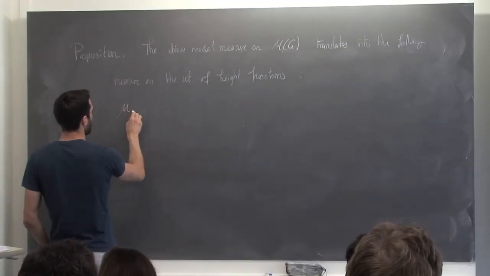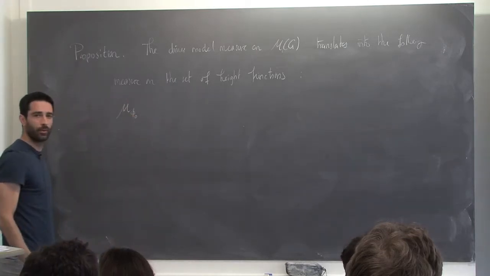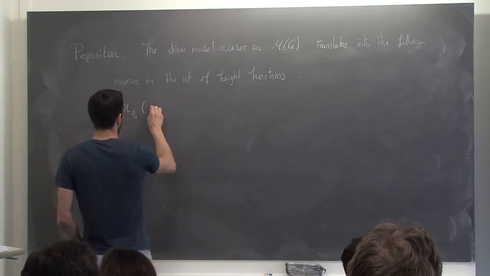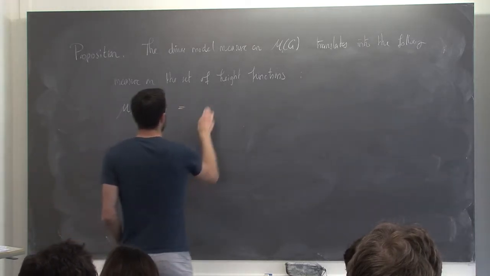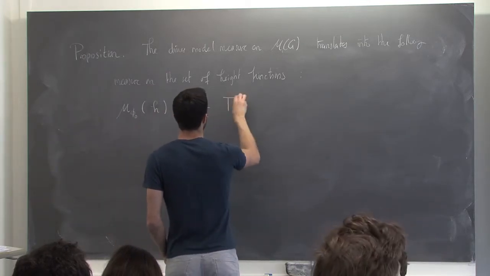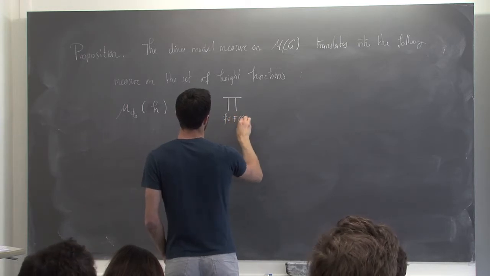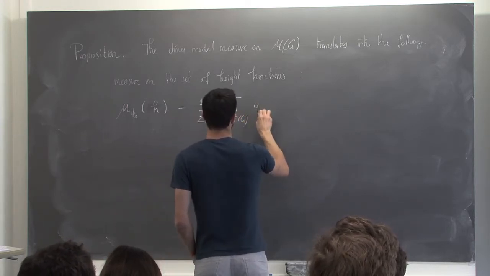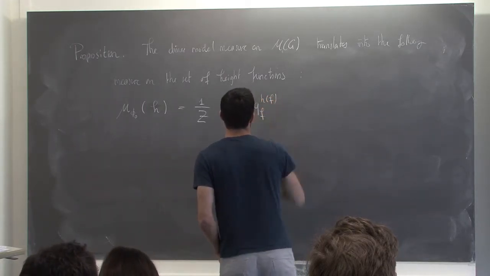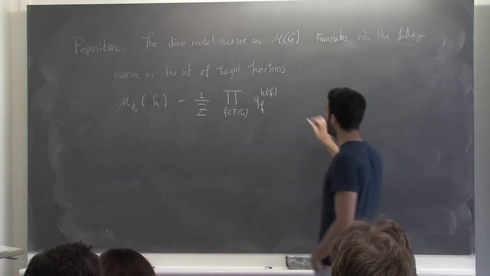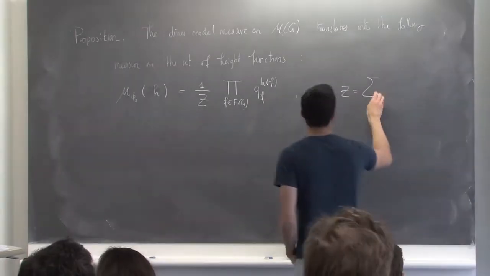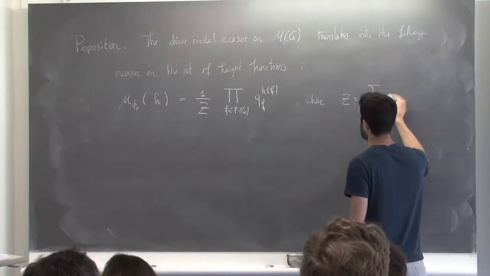So the measure, I will write phi 0 here because it really depends on this unit flow that I had fixed, of a height function h is equal to 1 over Z, product over all the faces of the corresponding volume weight power h f, where Z is of course a sum over all height functions of this.